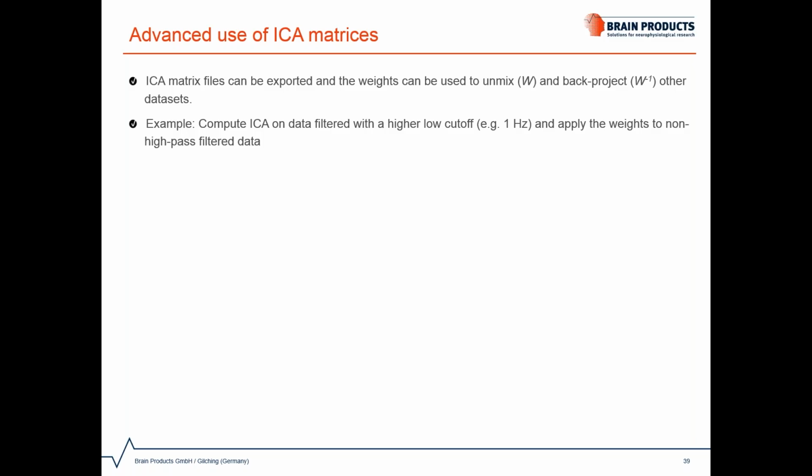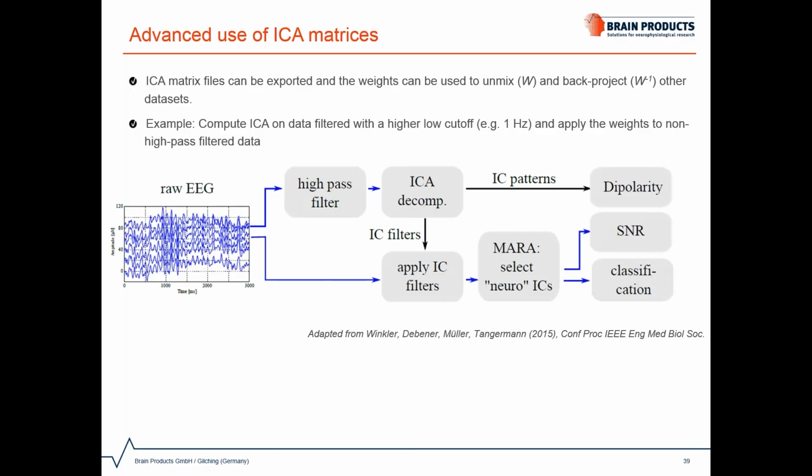So you need them as external files for this. And you can do that, as I mentioned, on the first page right away, or you can use the ICA matrix export later on. This graphical illustration from a paper by Winkler demonstrates the logic of this special use case.